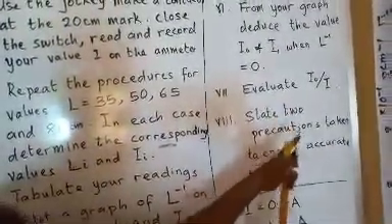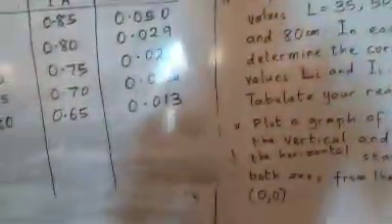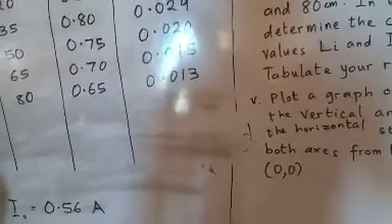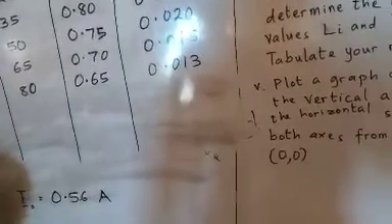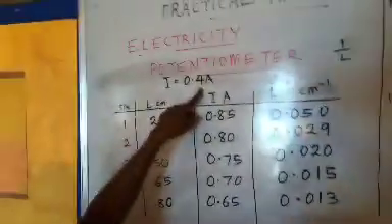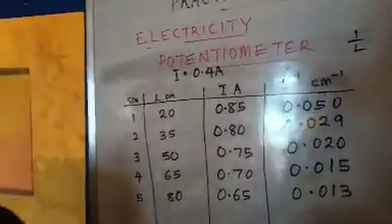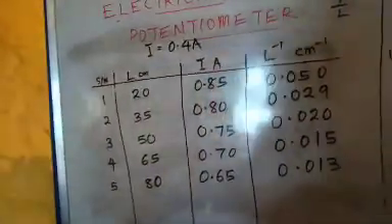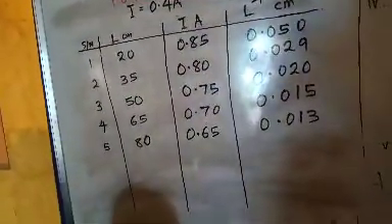Now, evaluate I0 over I1. I0 is 0.56. I1 is the one we have 0.4 here, from the first reading we took, which is 0.4 ampere.